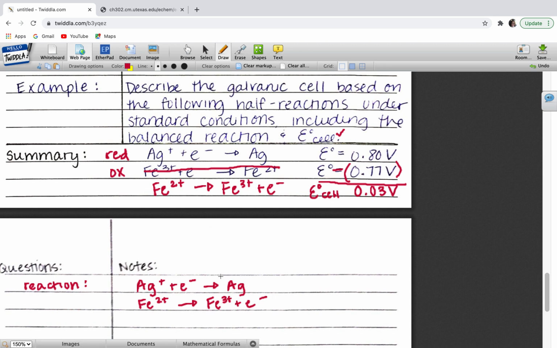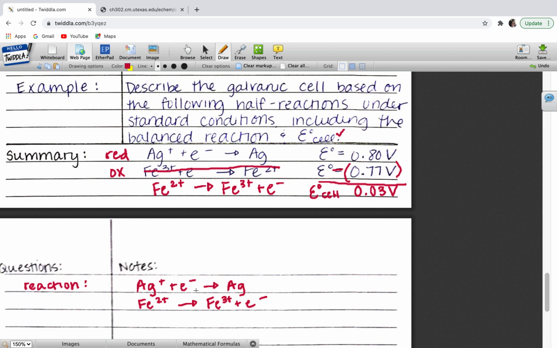Okay, and remember the important part about balancing redox reactions. You have to follow the law of conservation of matter. Electrons matter, and I can't have 5 of them being lost in the oxidation reaction and only 2 picked up in the reduction equation. The number of electrons that are being gained and lost has to be equal. Remember, if they're not equal, then you multiply the whole half reaction.